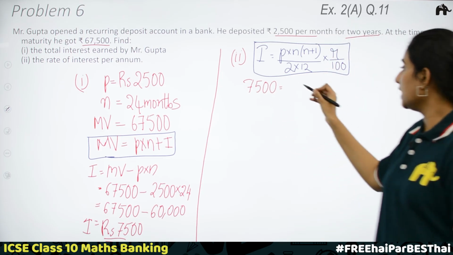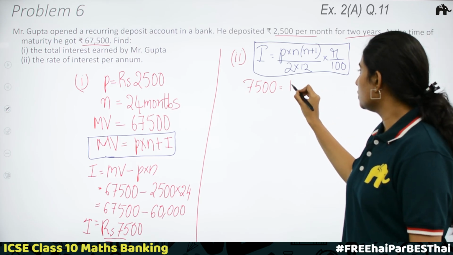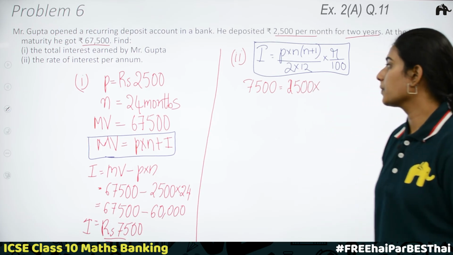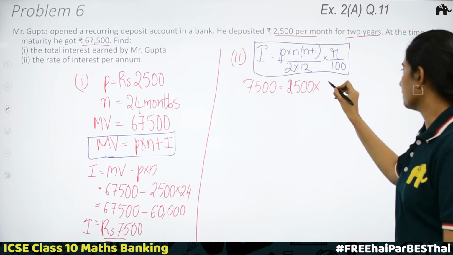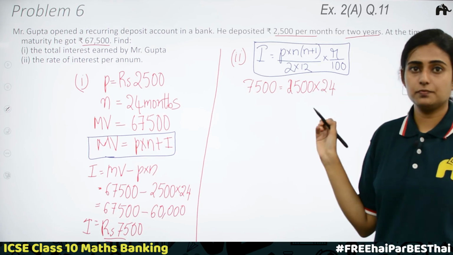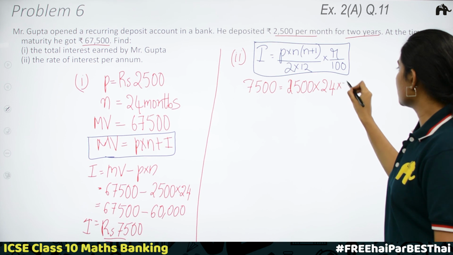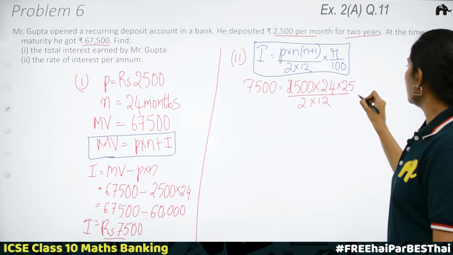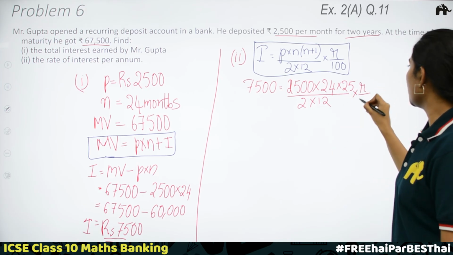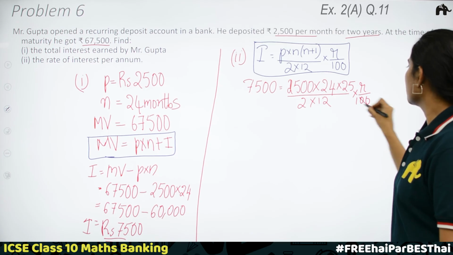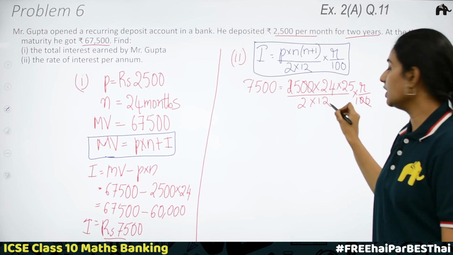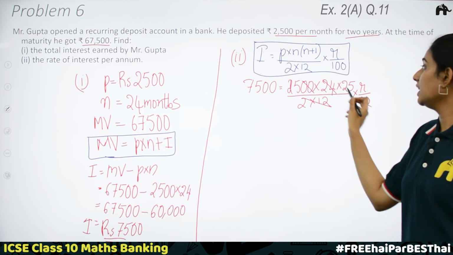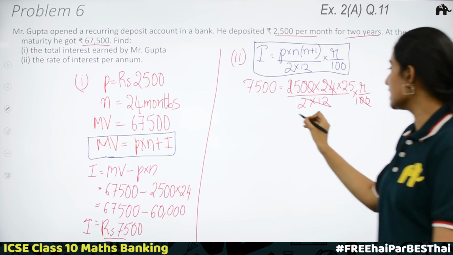P is 2,500 into n is equal to 24. n plus 1 is 25, divided by 2 into 12 into R by 100. Cancelling zeros, 2 into 12 is 24, and 24 can be cancelled. We have 25 into 25, 25 square, that is 625.